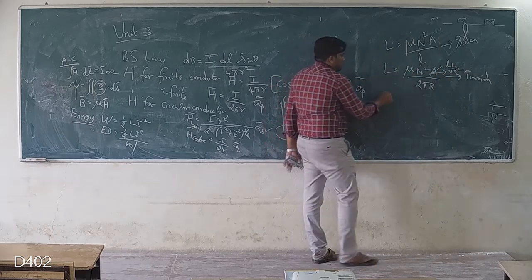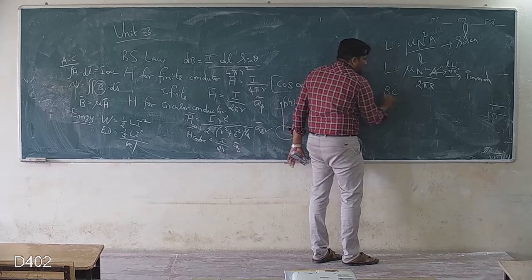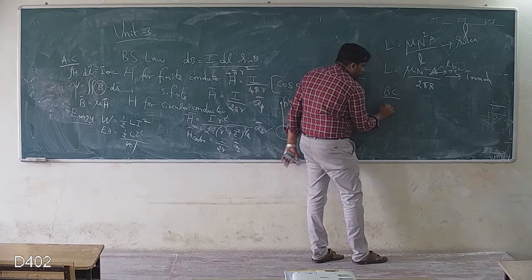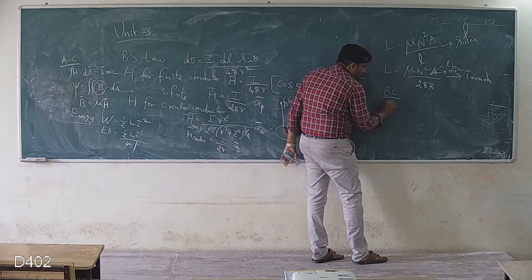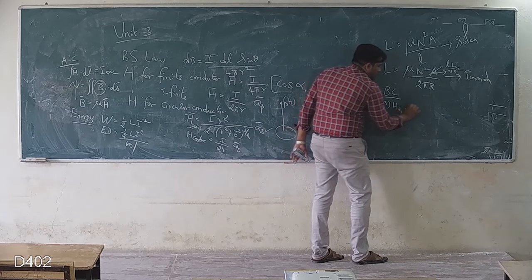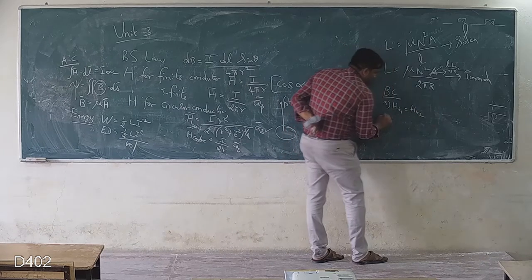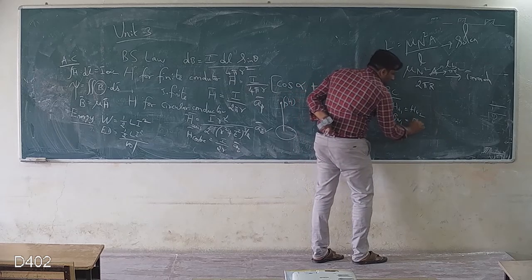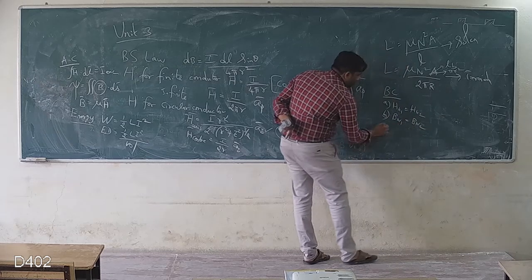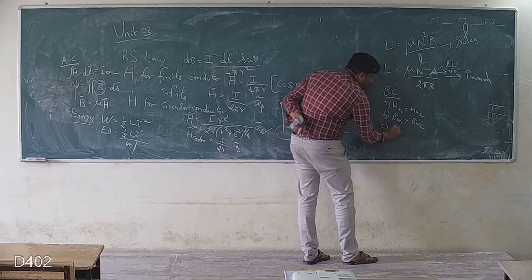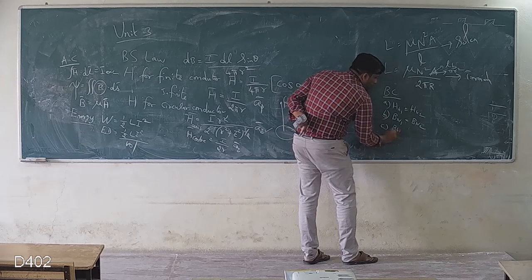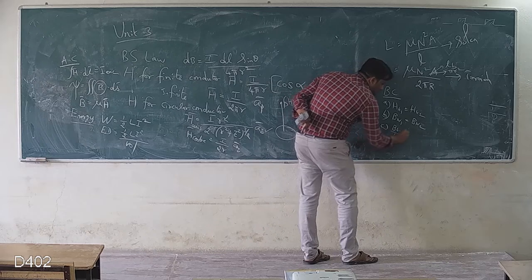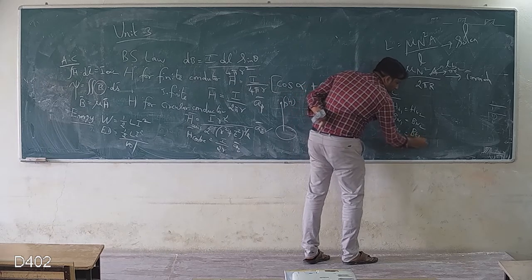Next thing is we did problems based on boundary conditions. With the help of the boundary conditions, we have four important formulas. One is HT1 is equal to HT2. Second one is BN1 is equal to BN2. From here, I can write BT1 by mu1 is equal to BT2 divided by mu2.